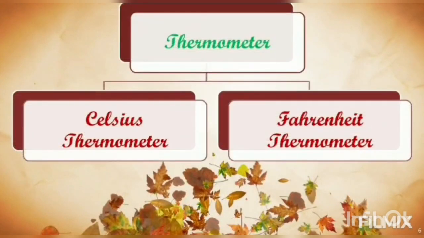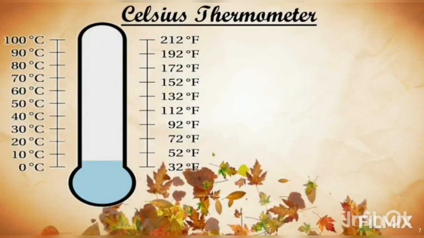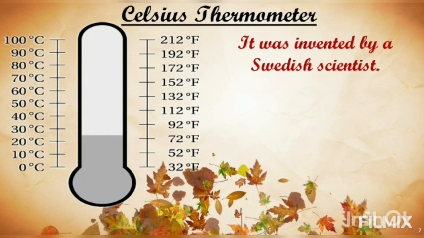Moving forward, let's understand the different types of thermometer. There are mainly two types of thermometer. The first is the Celsius thermometer and the second is the Fahrenheit thermometer. The Celsius thermometer was invented by a Swedish scientist.